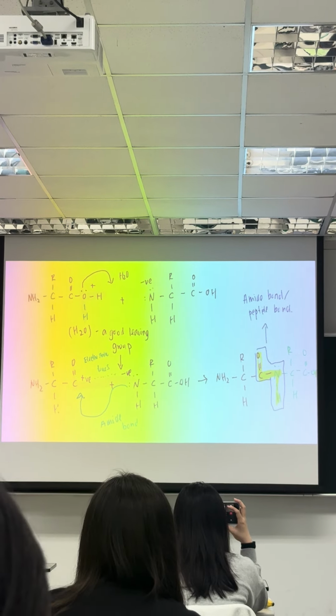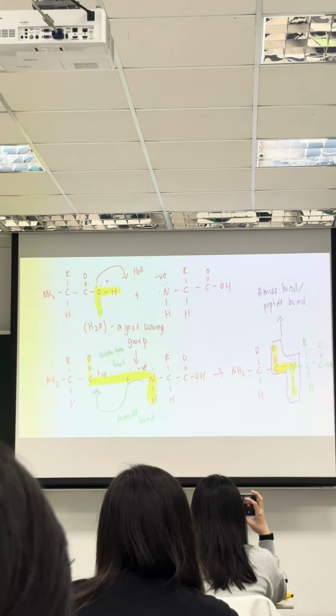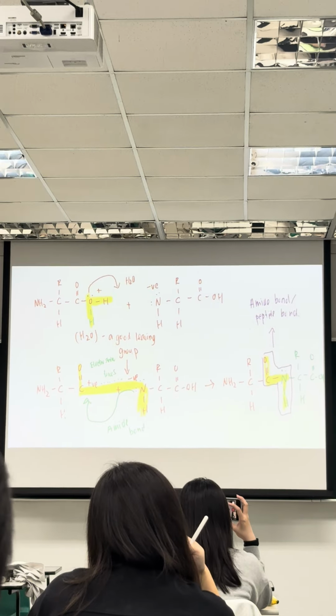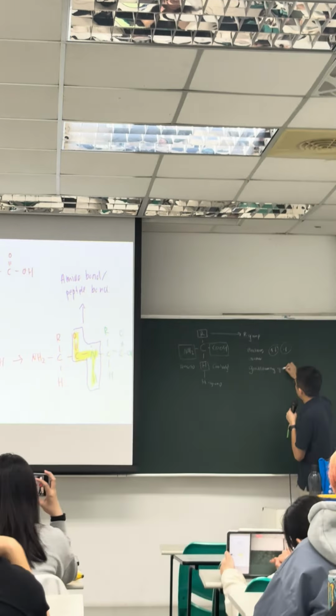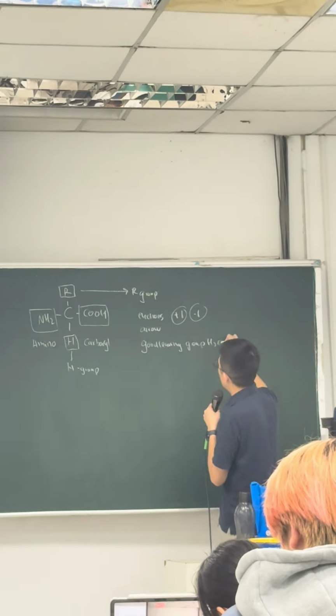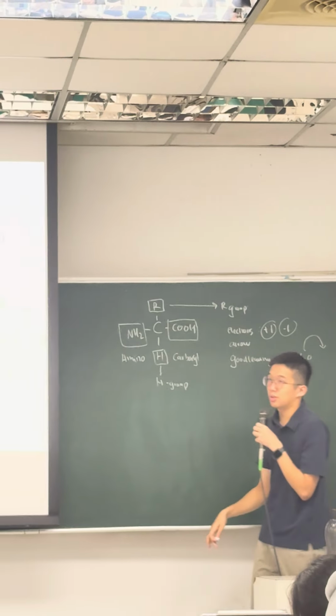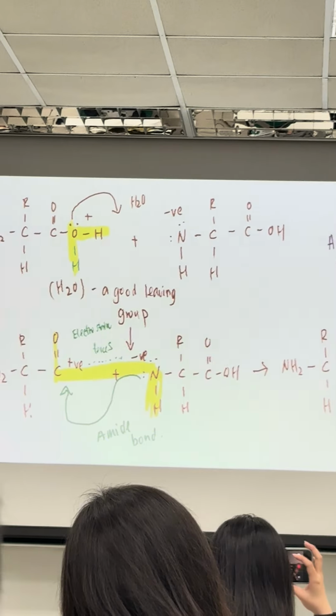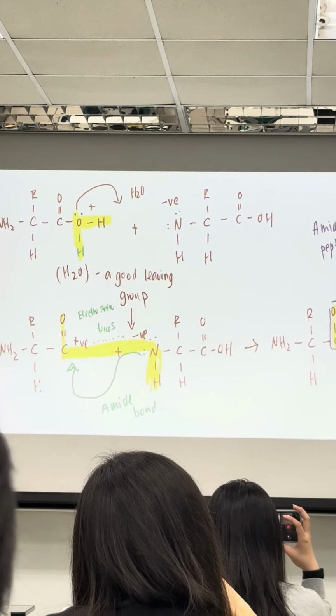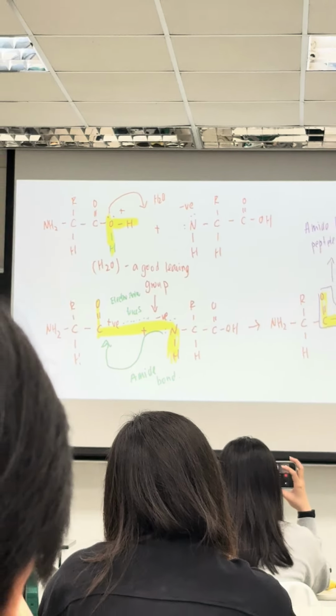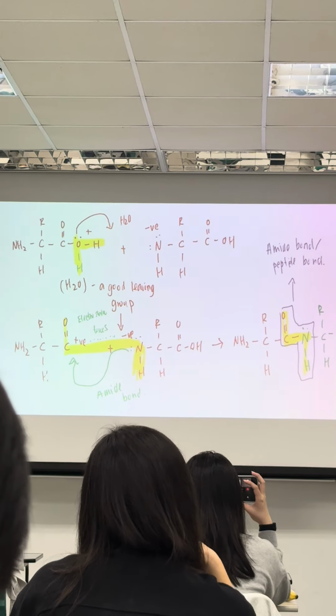Which is a good leaving group? H2O, the water molecule that I've highlighted, leaves. Please take note on this. All the arrows are worth around 5 or 6 marks.